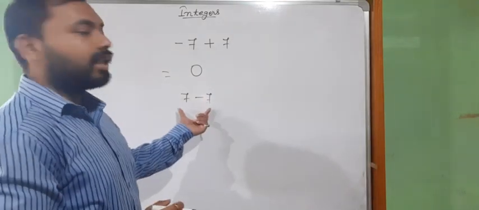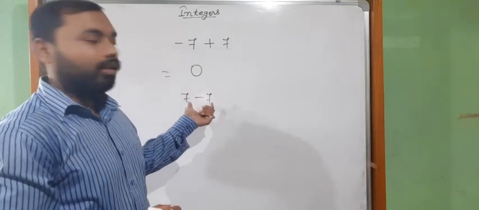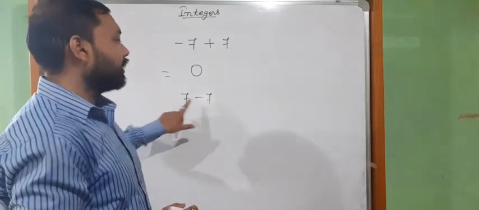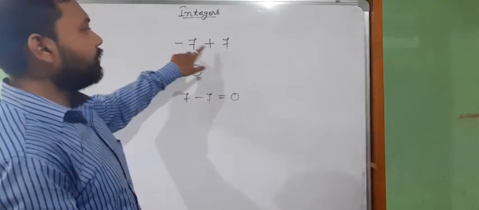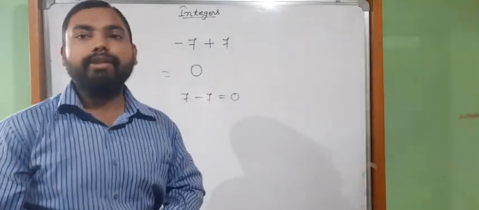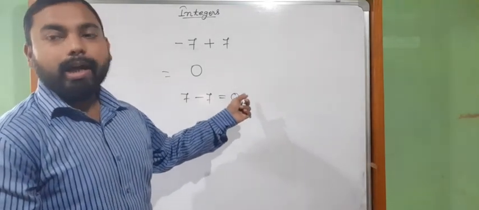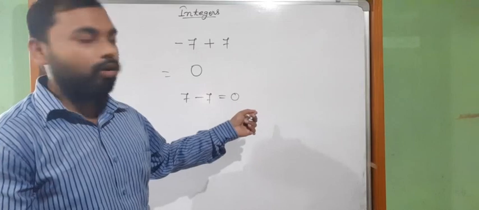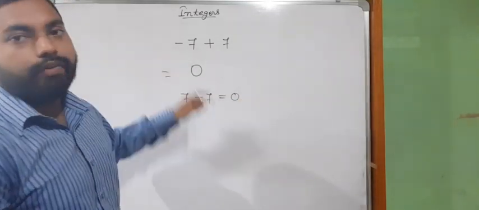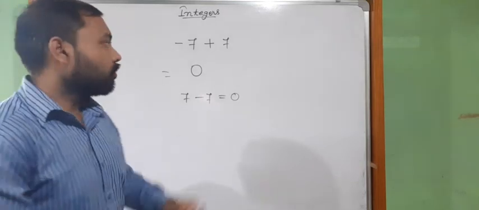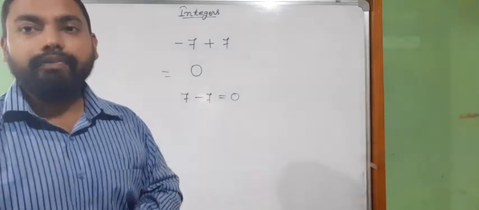I think this is very familiar to you, and you have already learned these things in your lower classes. What will be the answer? 7 minus 7 will be 0. In the same way, -7 plus 7, the answer will be 0. While writing 7 minus 7, we don't give +0 or -0, because 0 is neutral. So in the same way, we will not give any sign here. It will be only 0. 0 is neither positive nor negative, it is a neutral number.